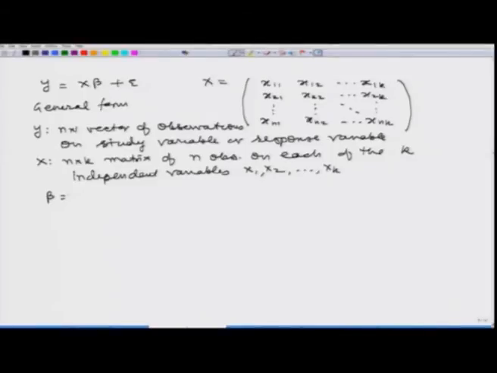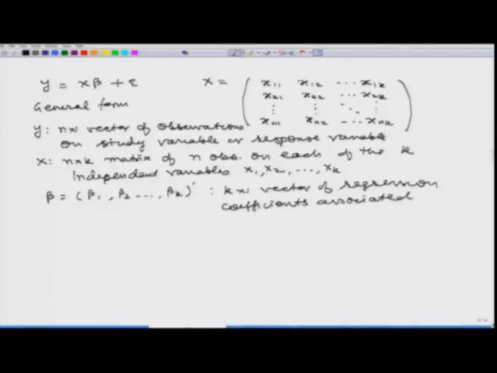Beta is going to be beta 1, beta 2 and beta k prime. This is going to be a k cross 1 vector of regression coefficients associated with x1, x2, xk. Okay. And epsilon here is as usual epsilon 1, epsilon 2, epsilon n, which is an n cross 1 vector of random errors.